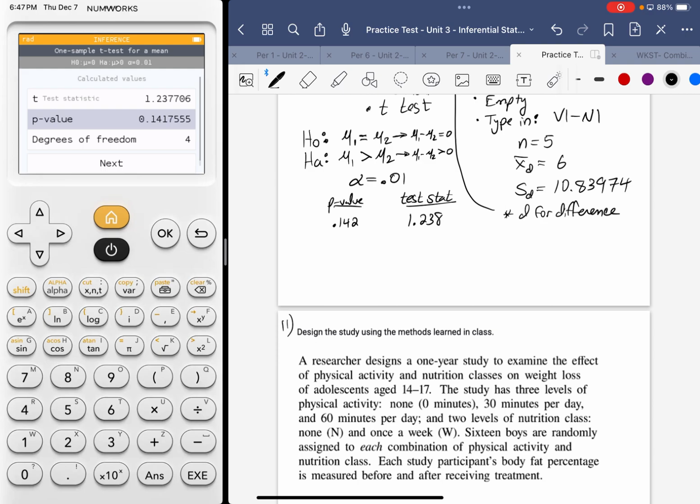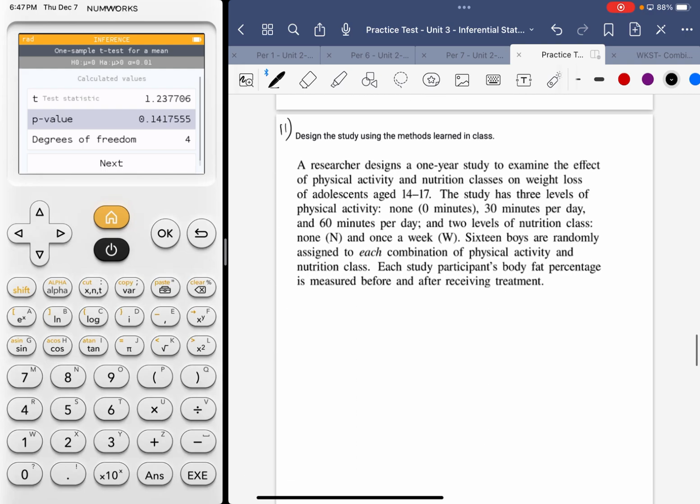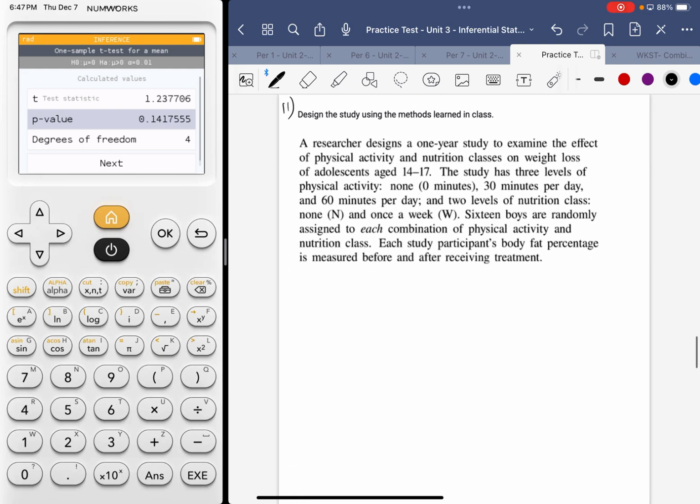receiving the treatment. When it comes to designs of studies, whether it's an experiment or an observation, I usually start with the diagram and then backfill in anything else that might not have been accounted for. We have a lot going on here. We have 3 levels of physical activity and 2 levels of nutrition class.